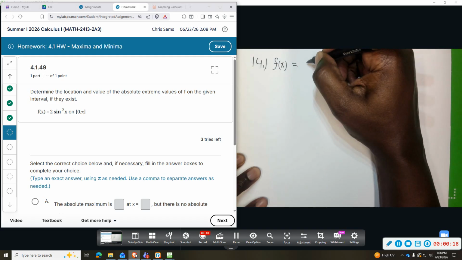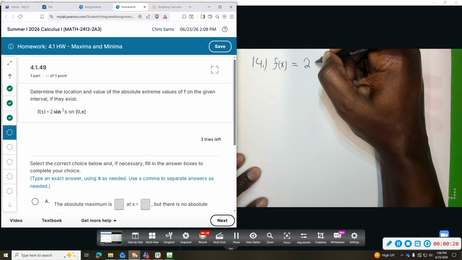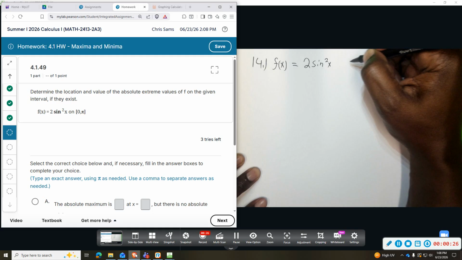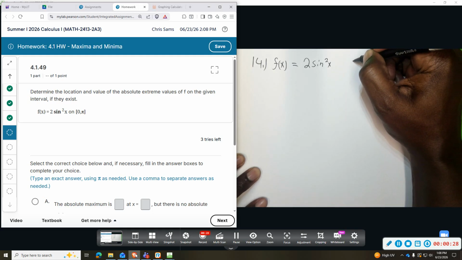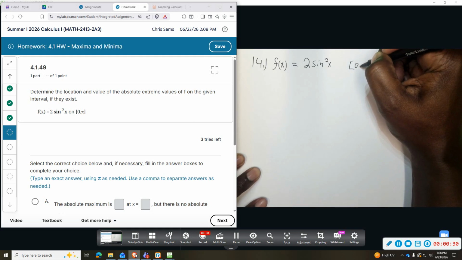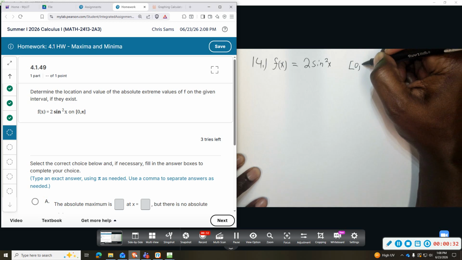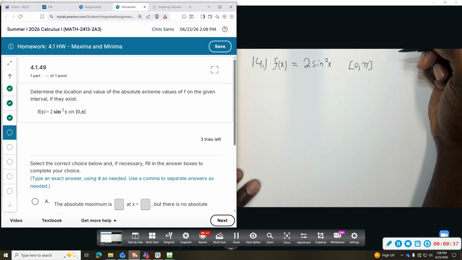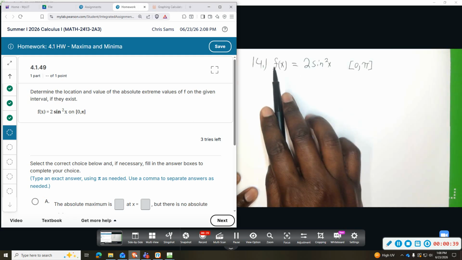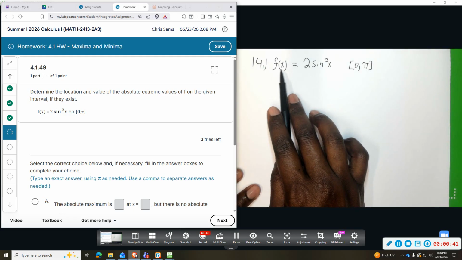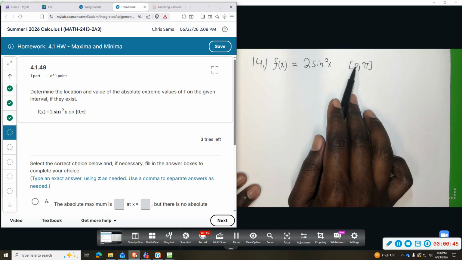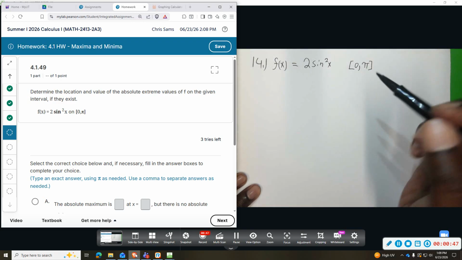We have f of x equals 2 times sine squared x, and we are on the closed interval 0 to pi. First we're going to find the derivative of this function, find the critical values, and test the endpoints.